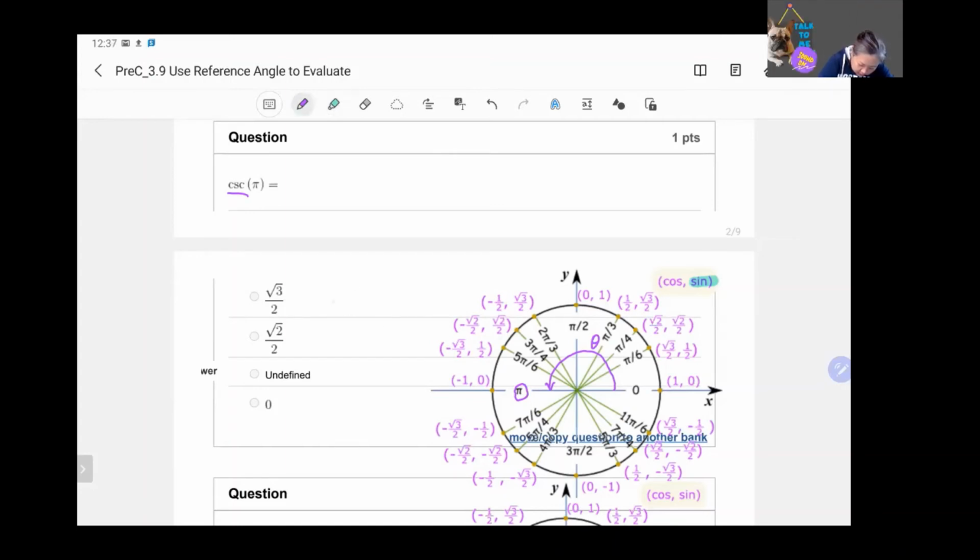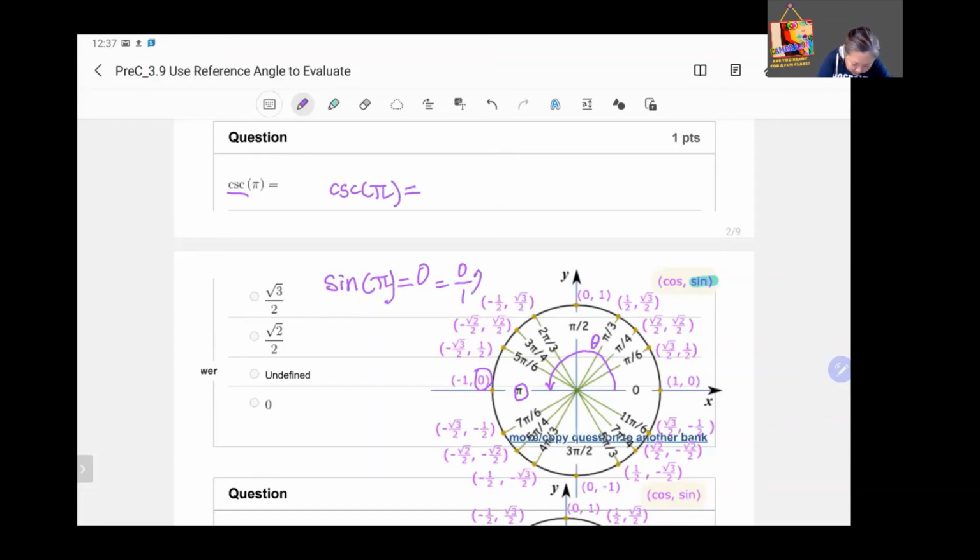Here, so let's find the sine exact value first. Sine of pi must be the y coordinate, which is 0. But technically, 0 is 0 over 1. Why do I even bother to write 0 as 0 over 1? Because what we are finding is cosecant, right? Then the reciprocal of 0 over 1 is going to be cosecant of pi.